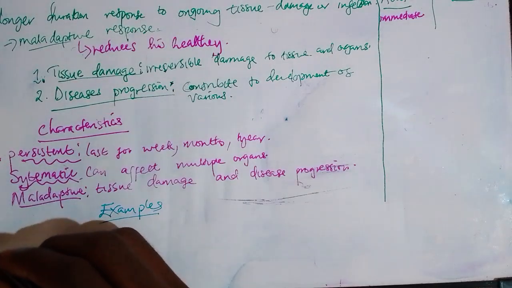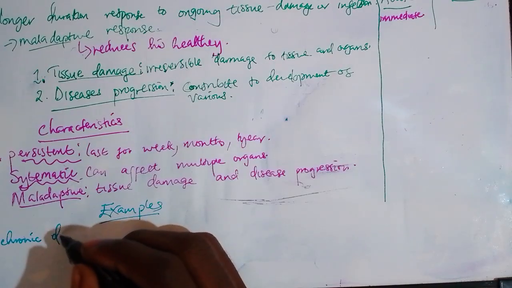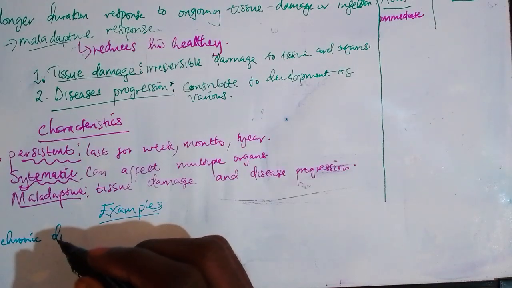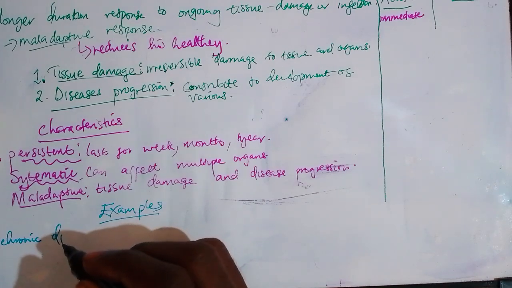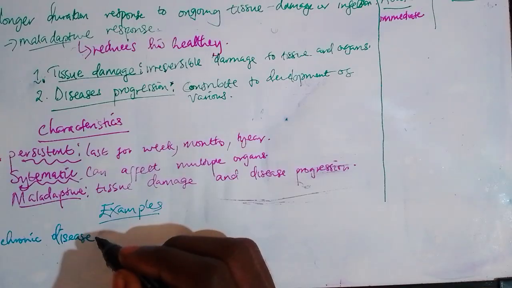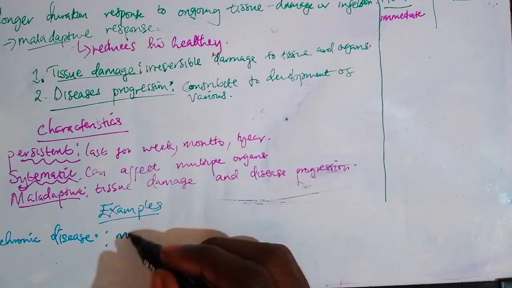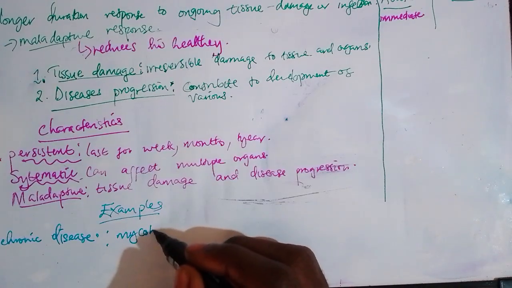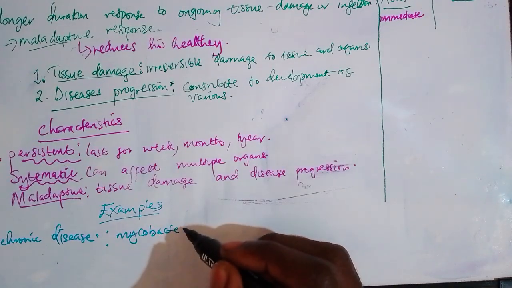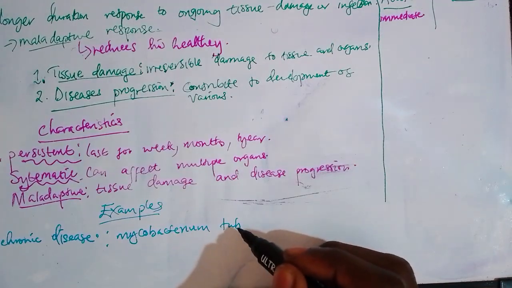So chronic diseases, I told you that whenever you have chronic inflammation, just know that this is a long duration. So the disease is there for a long period of time. So we have chronic diseases such as Mycobacterium tuberculosis. So TB in short.